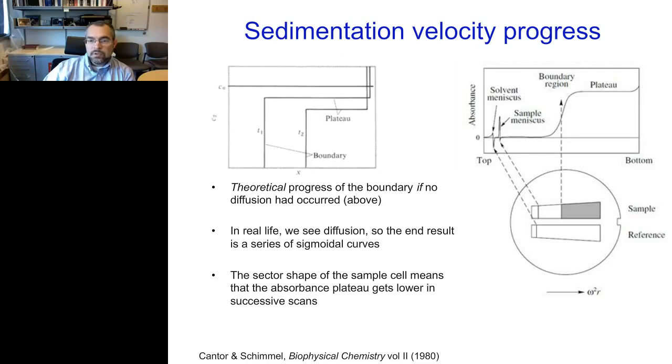Over here, this is all the protein. What that looks like in terms of the data that comes out is shown up top. It's flat here because that's where we have cleared the meniscus. That's where we have cleared out protein, and there's no longer protein in that portion of the cell, it's just buffer. Then we have this boundary that represents the transition between cleared out buffer and our protein. And then we have the plateau where we have a stable concentration of the protein. Okay?